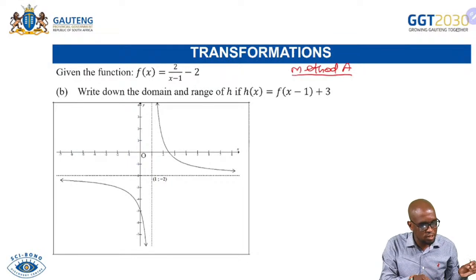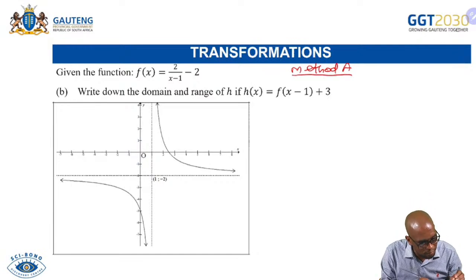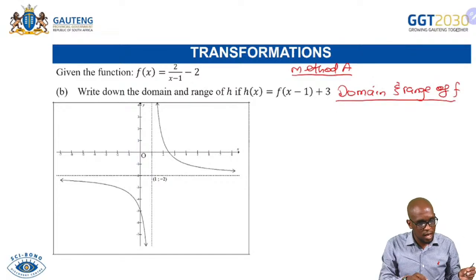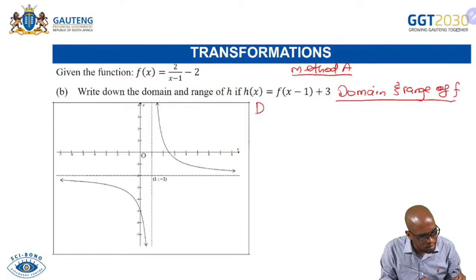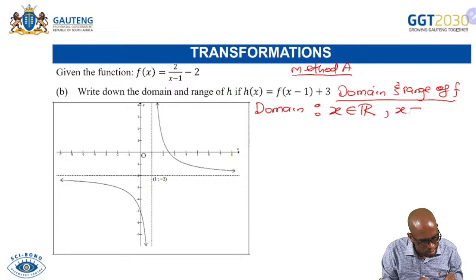Here, we're going to look at the domain and range of f. Since this is a hyperbola, we know that the domain would be x an element of all real numbers, but x cannot be equal to 1.